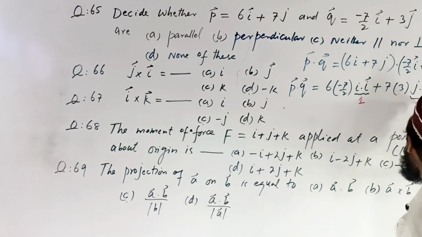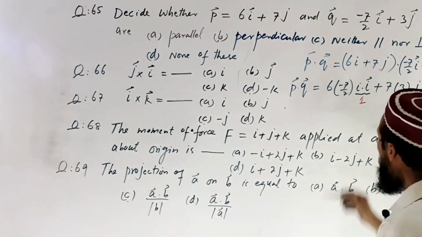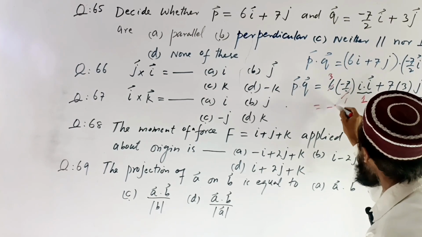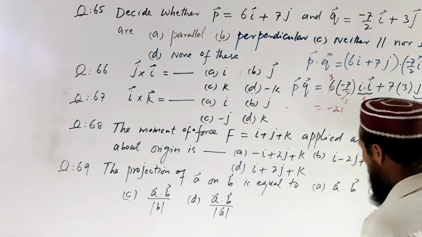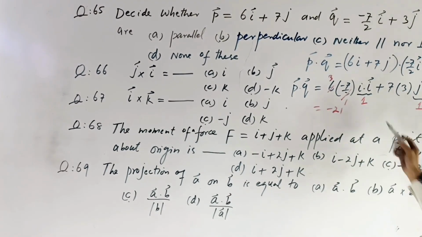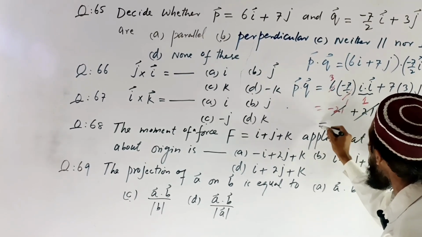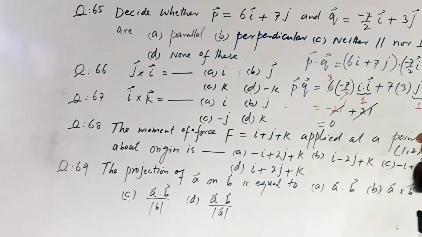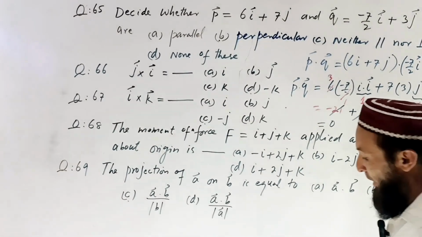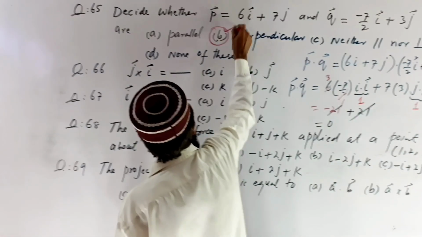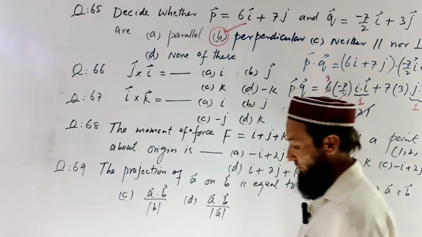So the 2 will cancel with the 6 to give 3. Here we get minus 21 plus 21. Both cancel. So it means that the given two vectors are perpendicular to each other, because their dot product is equal to 0.